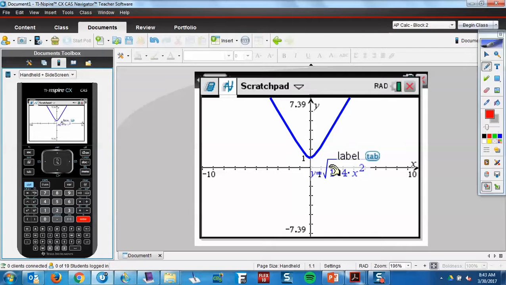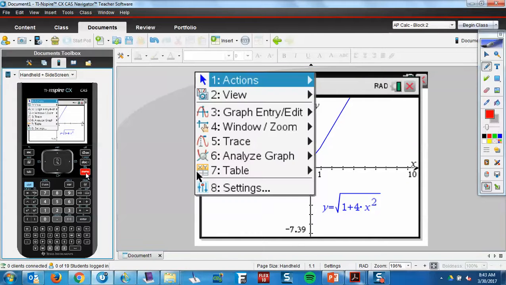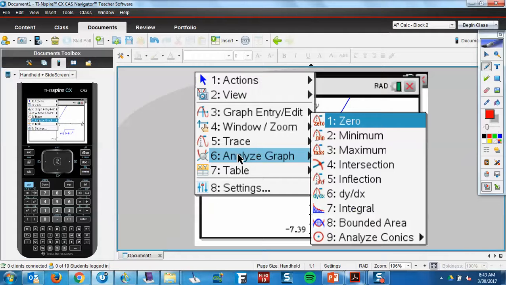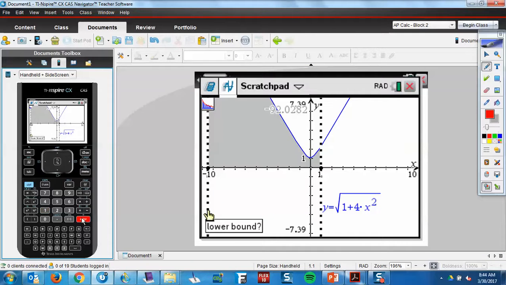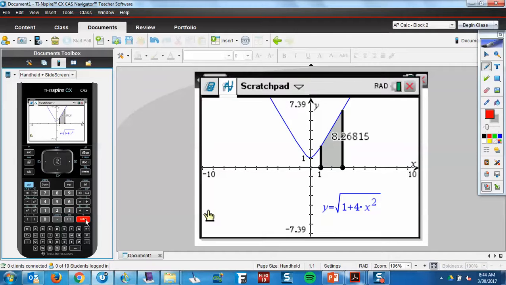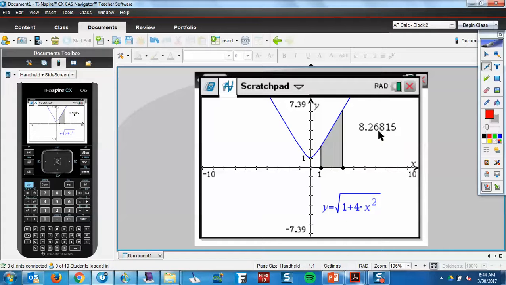There is a way under Analyze, integral. I don't use this very often, but there's the integral. It's so much faster on the home screen, where you can just do the integral and get your answer. But, right, 8.268. So that piece of area is 8.268.